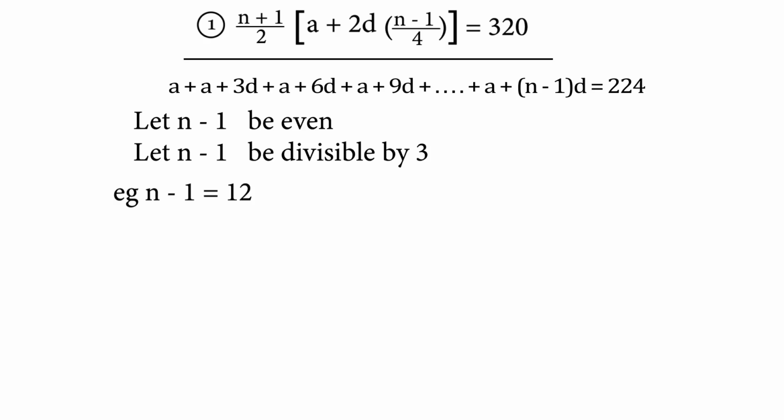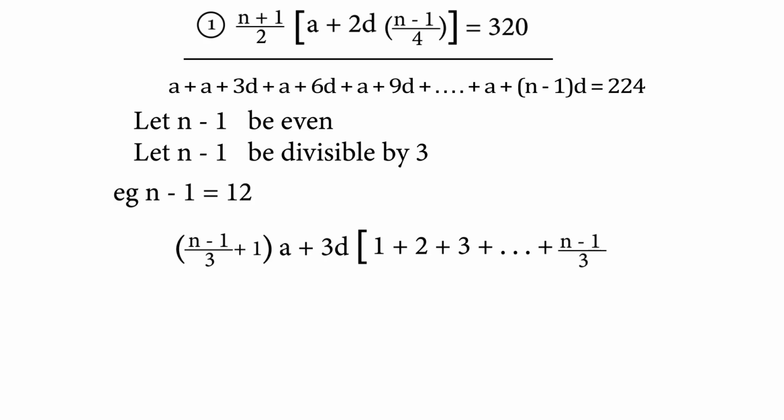All right, so here we go. Let's add all this up. Again, how many a's do we get? (n minus 1) divided by 3, plus 1, times a. And from all of those, you can factor out a 3d, and you'd get 1 plus 2 plus 3 plus, all the way until you get to (n minus 1) over 3.